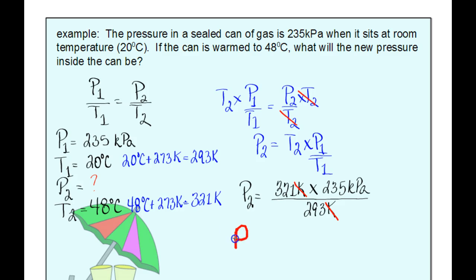So what we should be seeing is our P2 is going to be equal to 257.46 kilopascals.